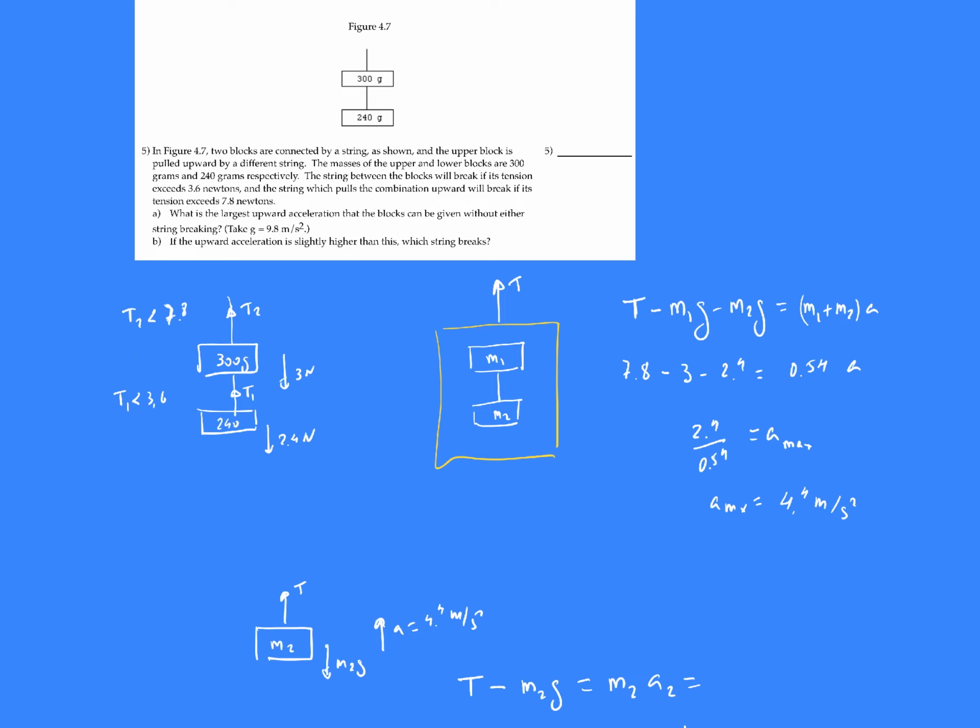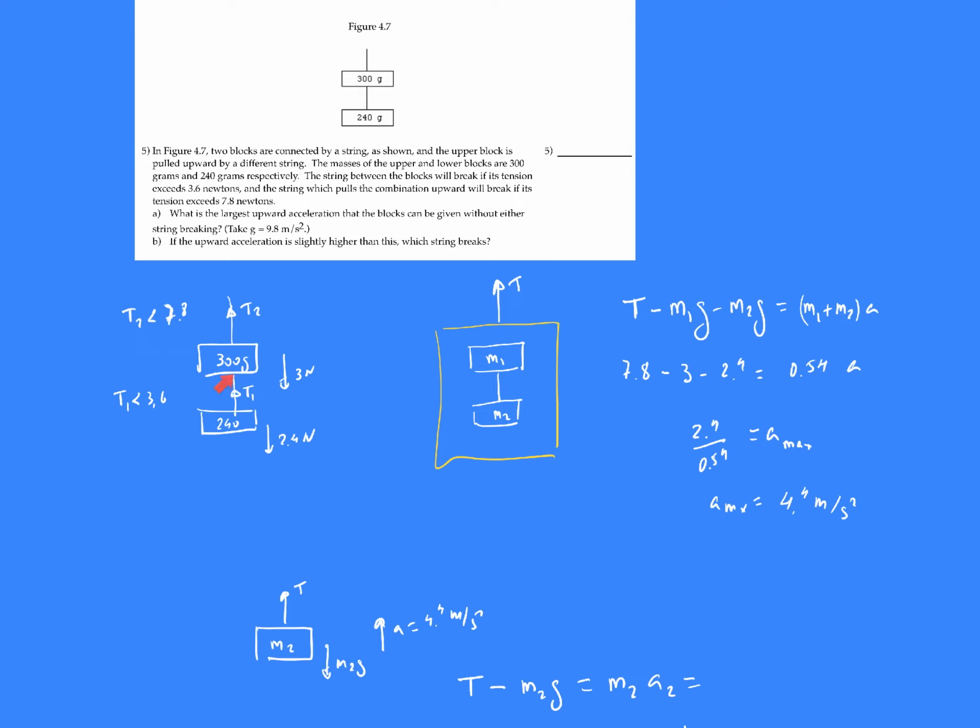So I think that if the tension for the upper rope is more than 7.8, it breaks the rope. So T2, the force pulling up, has to be less than 7.8, but there is another condition.